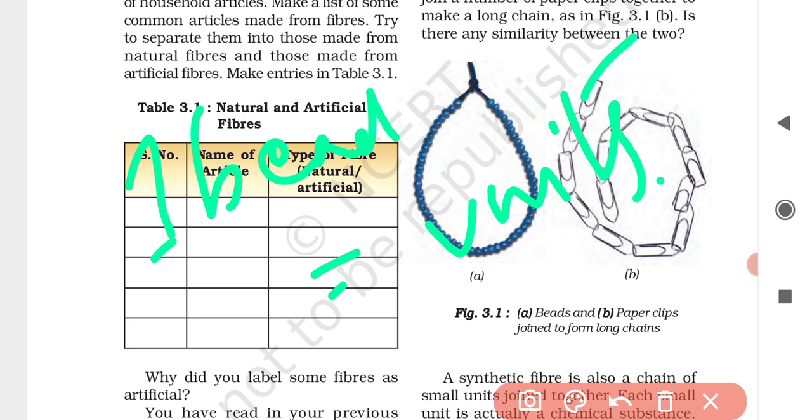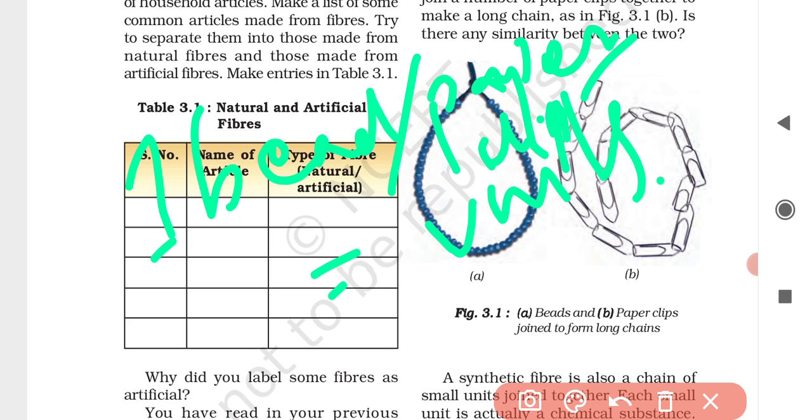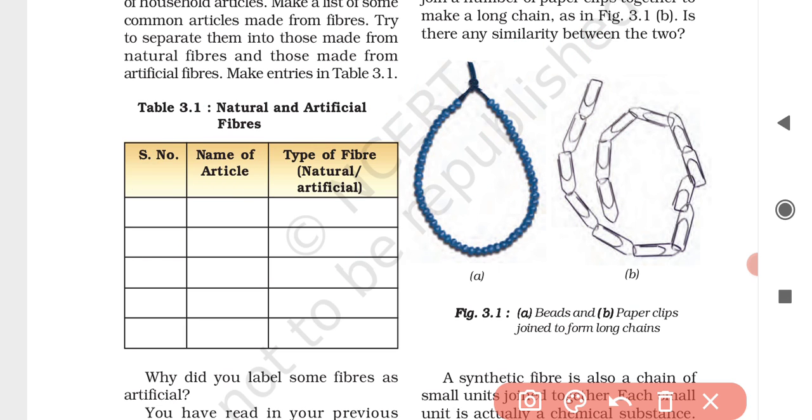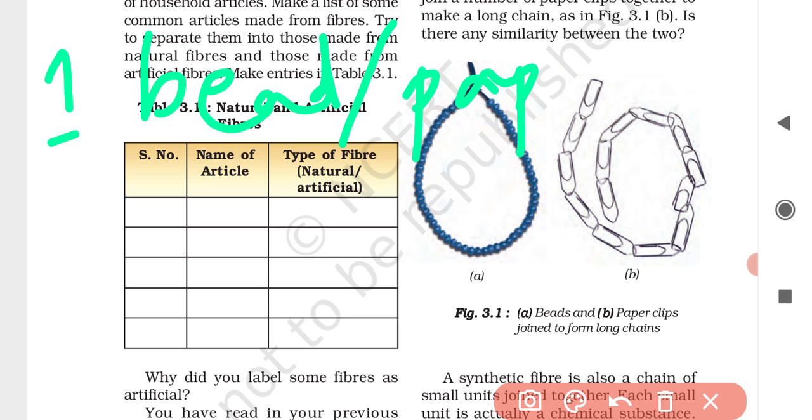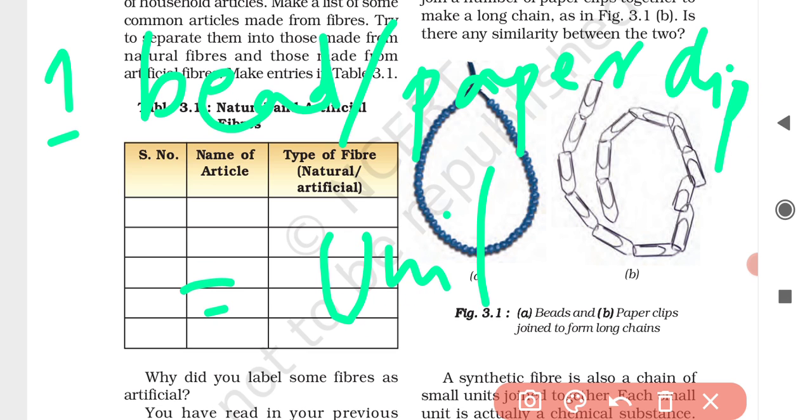One bead or one paper clip is a single unit. So if many units are joined together to form a long chain, then it will be referred to as a polymer.